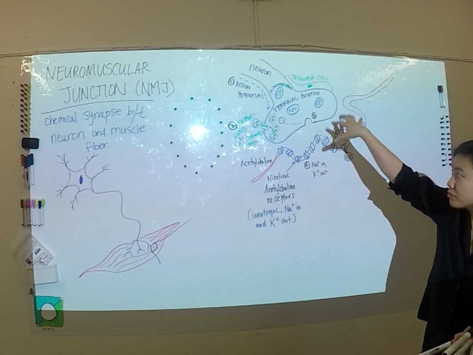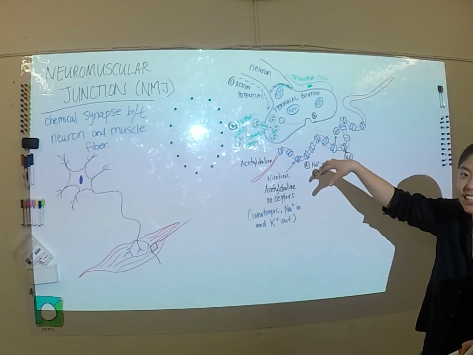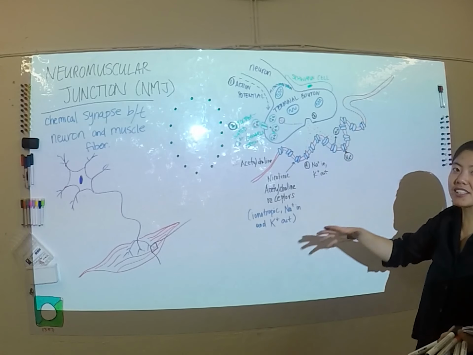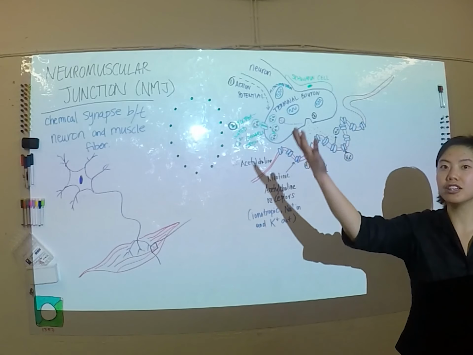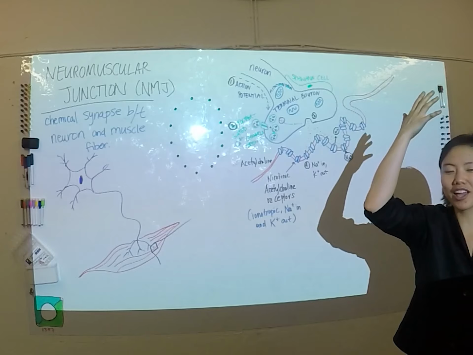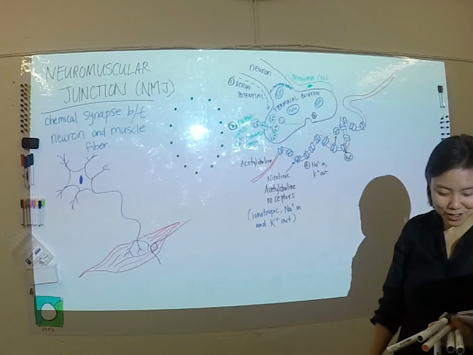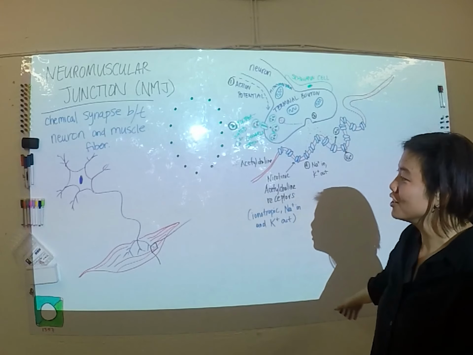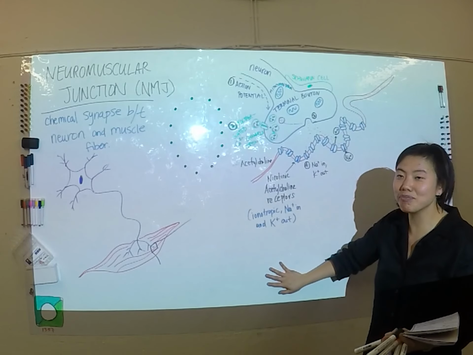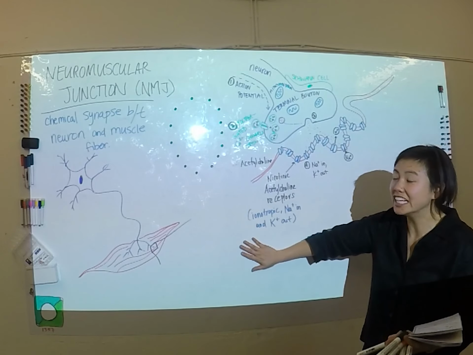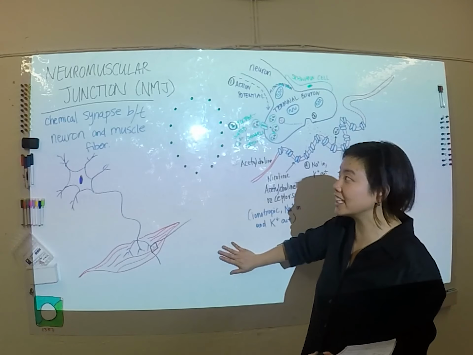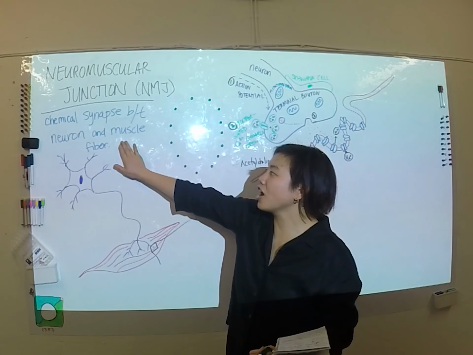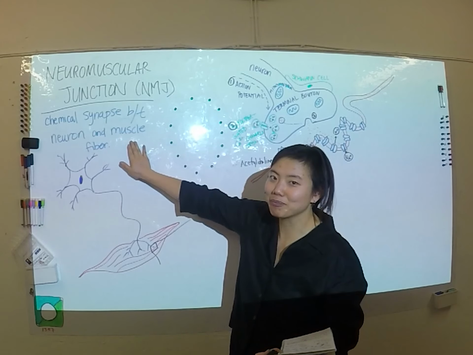So eventually, if this happens a lot, all of the muscle fibers get activated together and you lift your arm, okay? All right, so that is our final neuroanatomy diagram. The neuromuscular junction is a special synapse between a neuron and a muscle fiber, all right?